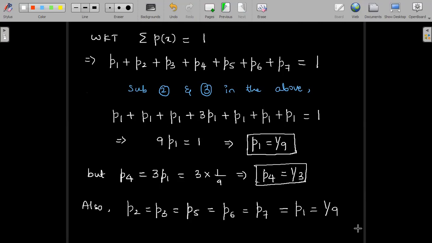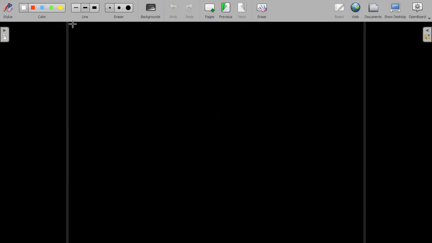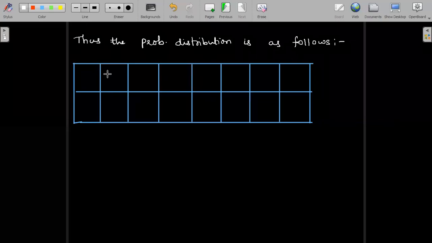Now, our aim, our question, was to find the probability distribution. So let us write down the probability distribution table now. Thus, the probability distribution with all the values of P1 to P7 is as follows, in the form of a table.